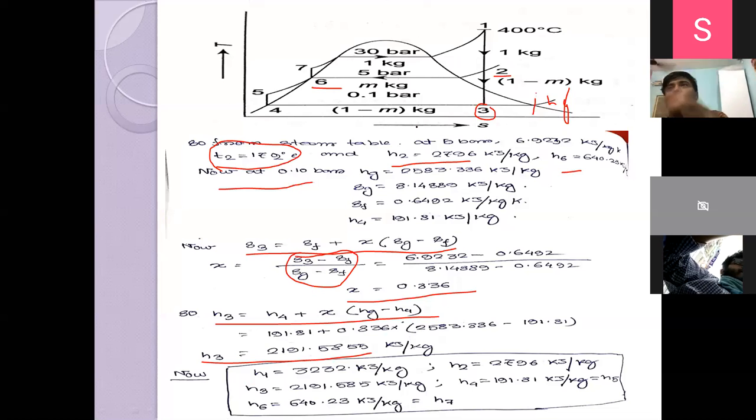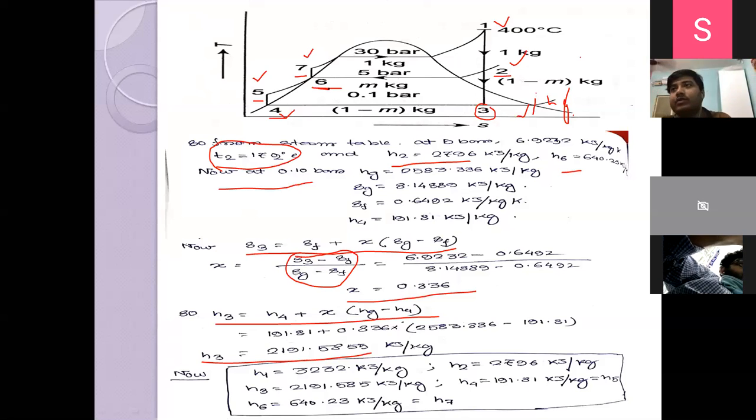Now we have got all the values at the salient points, that is H1, H2, H3, H4. We have not found H5 and H7. Why? Because it has been given that you have to neglect the pump work. So H5 will be the same as H4, and H7 will be the same as H6. So we have got all the enthalpy values at the salient points.